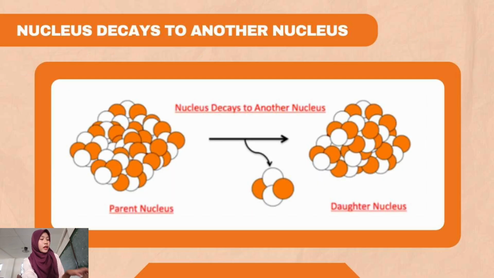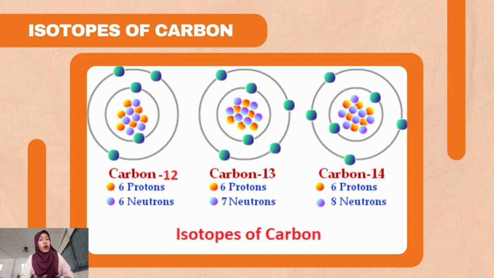We have the picture right here. The parent nucleus is decaying into a daughter nucleus. Of course, not all isotopes are decaying. For example, right here we have carbon-12, with 6 protons and 6 neutrons. Carbon-13 has 6 protons and 7 neutrons. And carbon-14 has 6 protons and 8 neutrons.